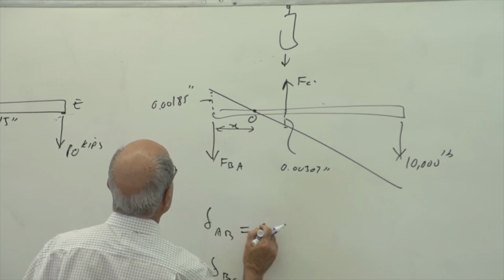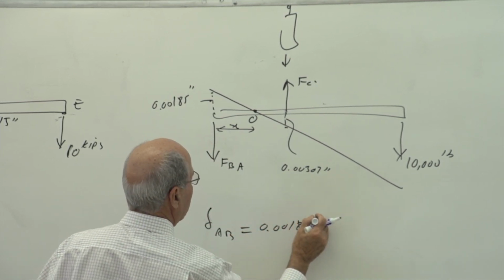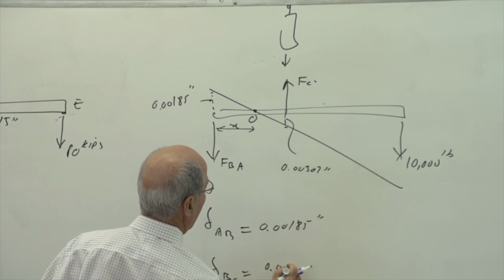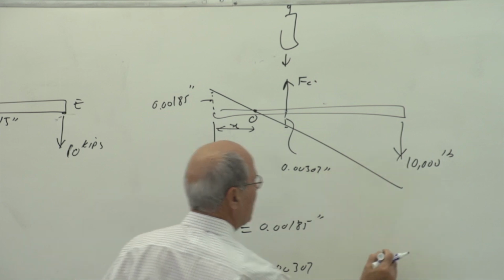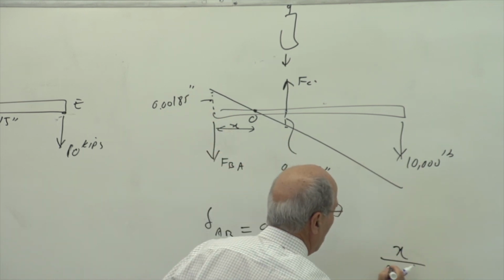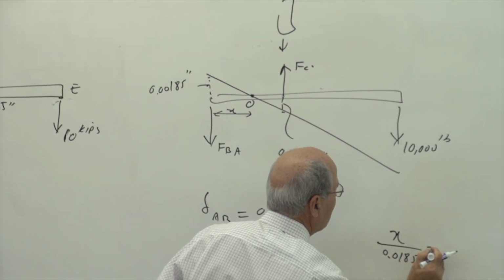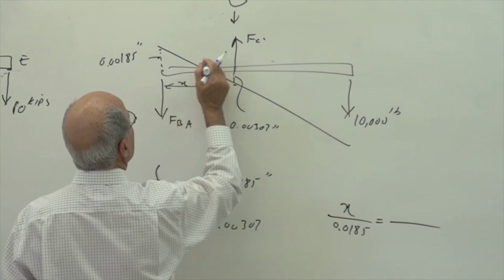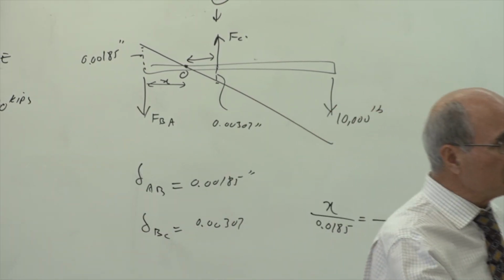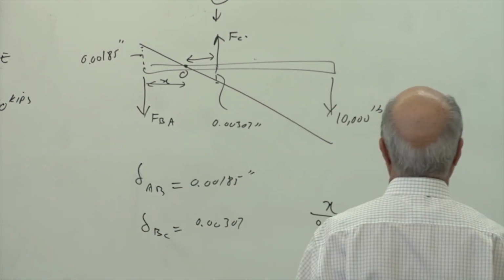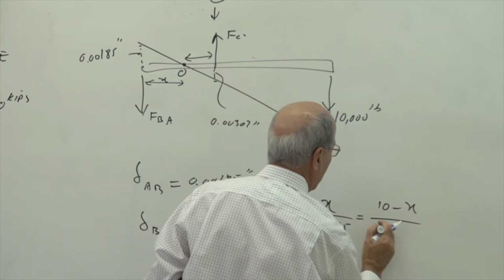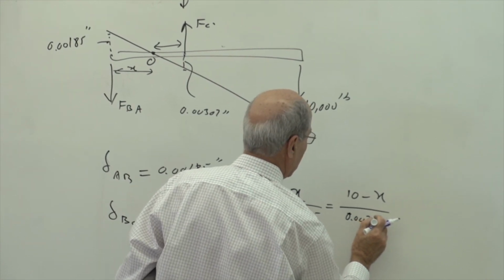Delta AB is 0.00185 inches. Delta BC, using that formula, is 0.00307 inches. Then you say x over 0.00185 is equal to 10 minus x, because this distance from here to here is 10 minus x, since it's 10 inches total, yes or no? 10 minus x divided by 0.00307.